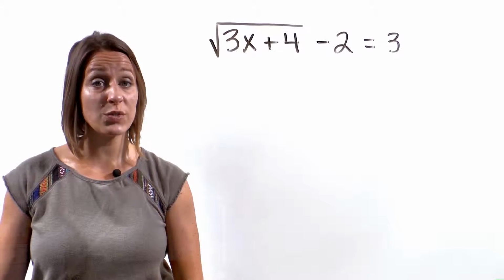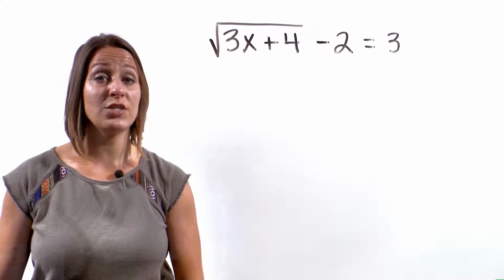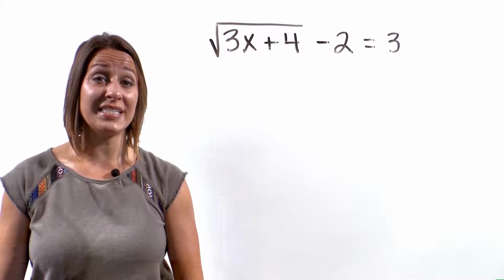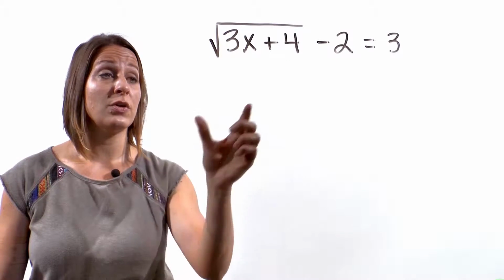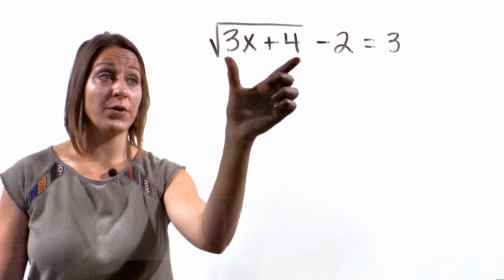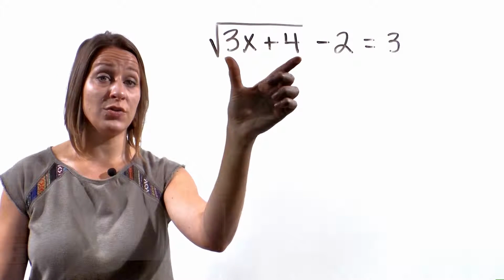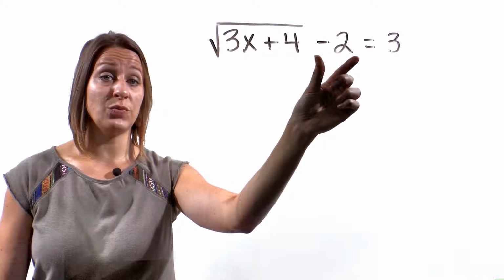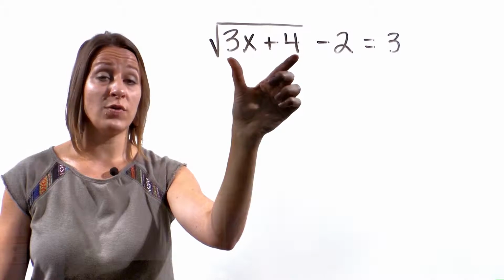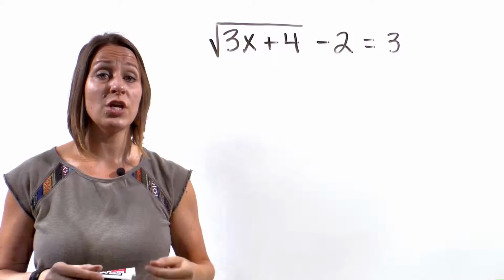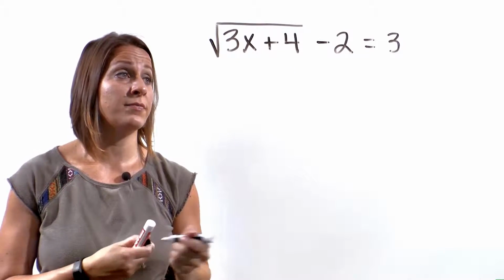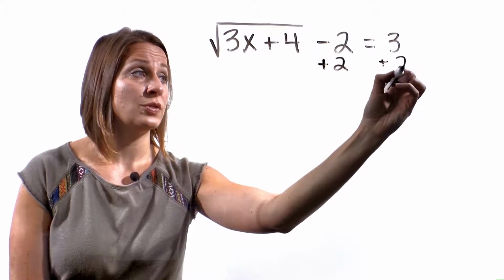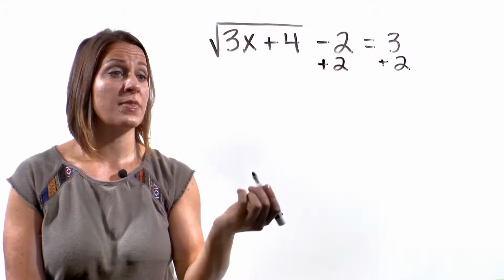But before we can square both sides, we need to make sure that the square root and what's underneath it is isolated, or by itself. 3x plus 4 is the only thing under the square root symbol. We also have this minus 2, which is not part of what's being square rooted. So we need to first move that to the other side, and to move it, we will just add 2 to both sides.